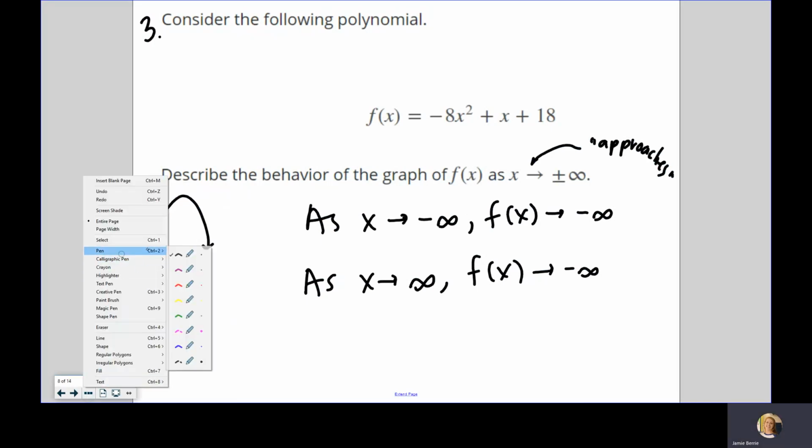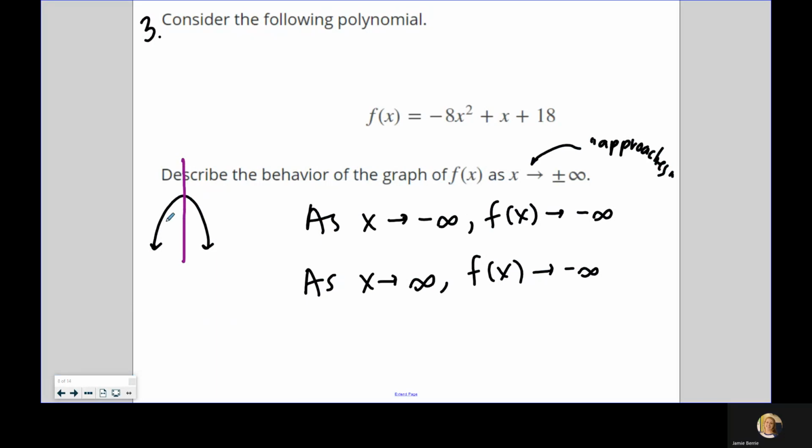Maybe it'll help if I put a little coordinate plane behind here. All right. So that's what they want for describing the behavior of a graph.